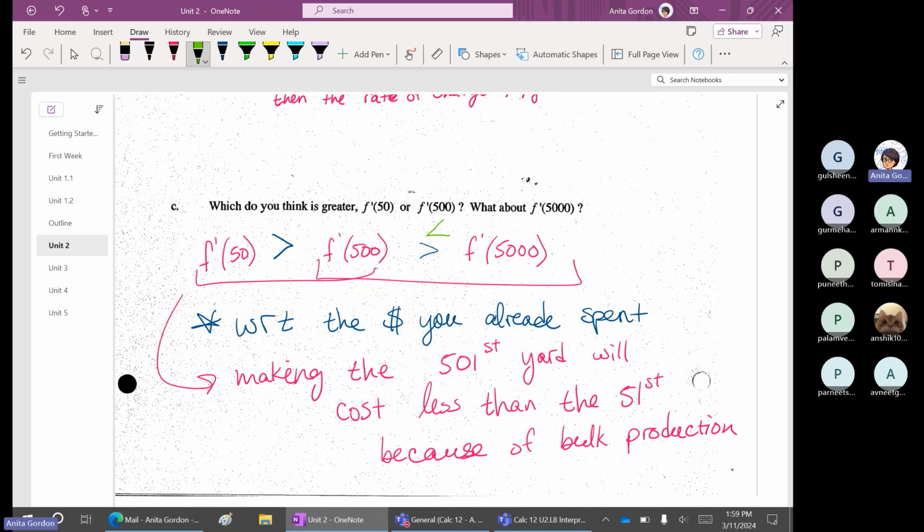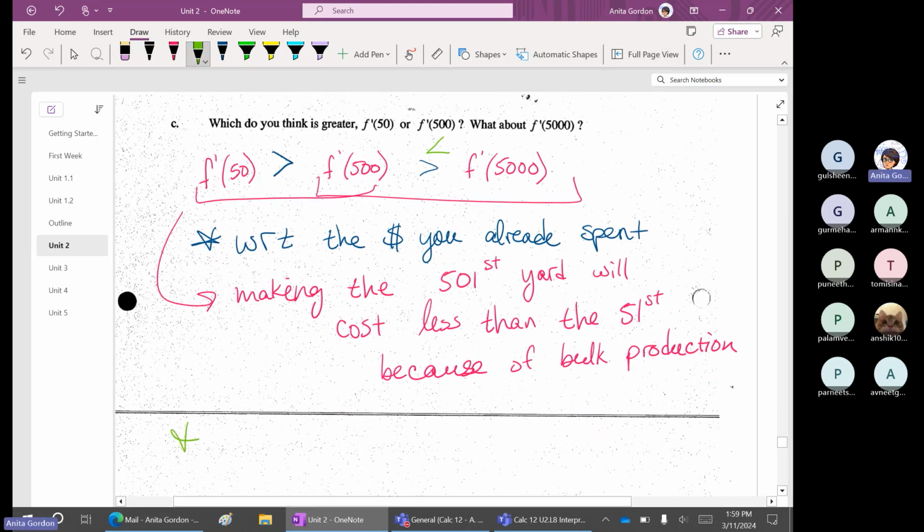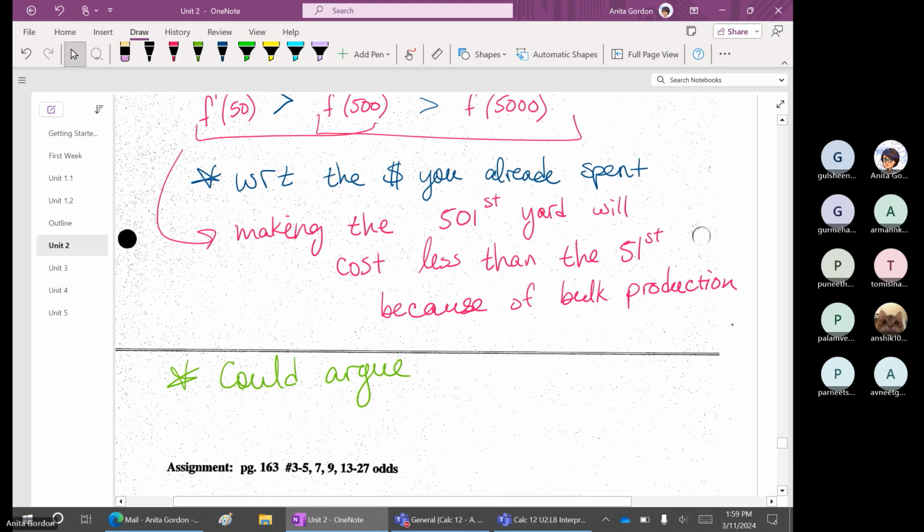I'm not worried about the total price because I'm looking at rate of change. Okay, think of you guys starting a business from your garage. You can make 50, you can make 500. What happens if you get an order that places 5,000 units? Can you do it out of your garage? No. So what happens at the 5,000 mark? I could argue, yeah, not enough resources.